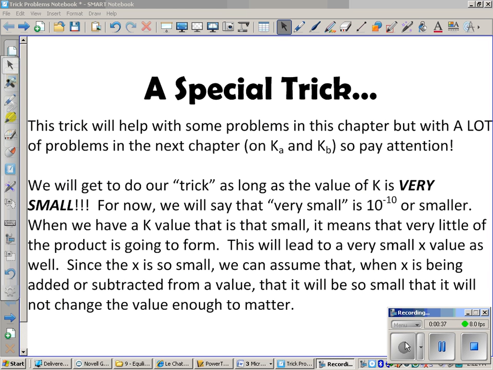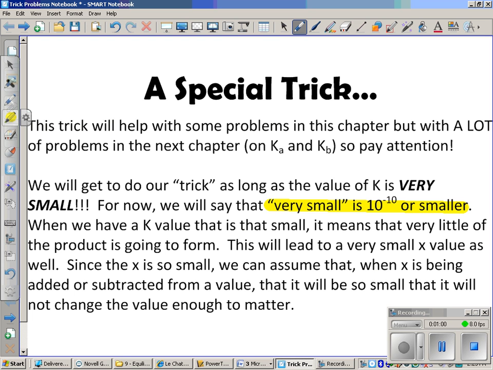But we will be able to use this anytime we have a K, so either Ka, Kb, we've done Kc, Kp, Ksp, so any of our Ks. Anytime you find out that your K is very small, and if you remember from the beginning, we defined very small as being 10 to the negative 10th or smaller.